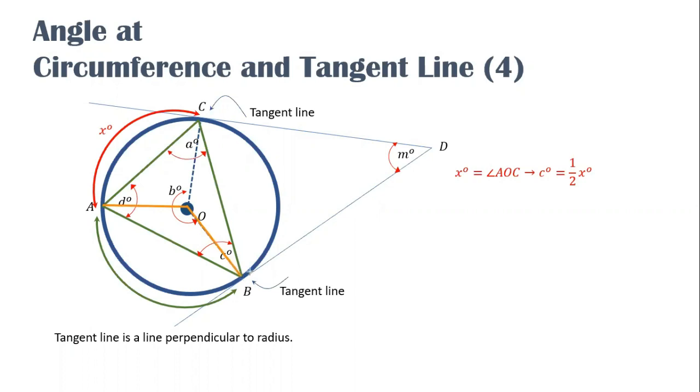Is it clear to you? So when we construct the angle ACB, this one, we'll find the angle at circumference. We name this arc angle Y degrees. So Y degrees equals angle AOB, which means A degrees is a half of Y degrees.